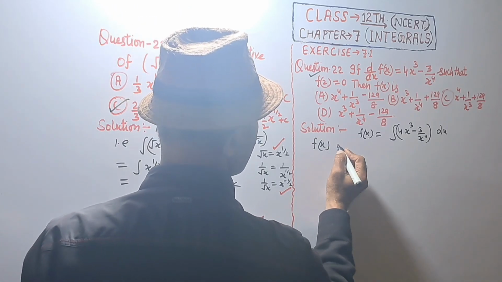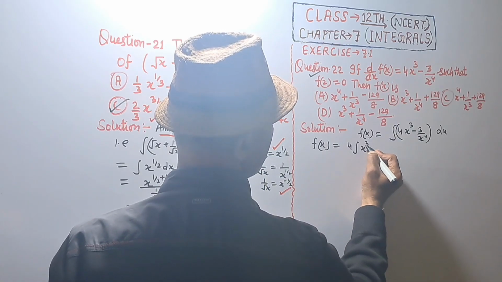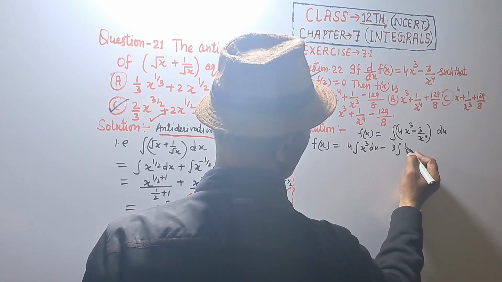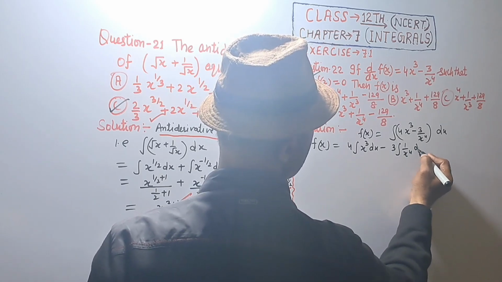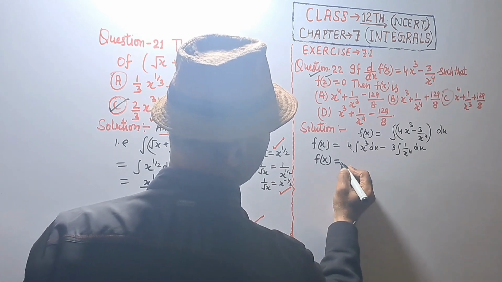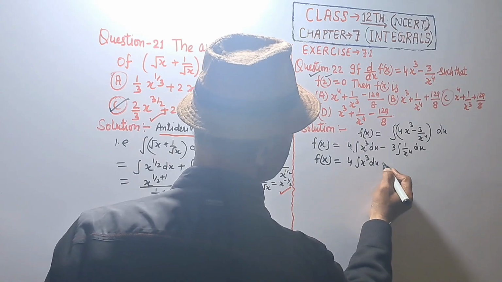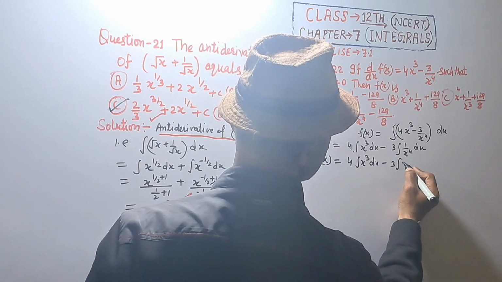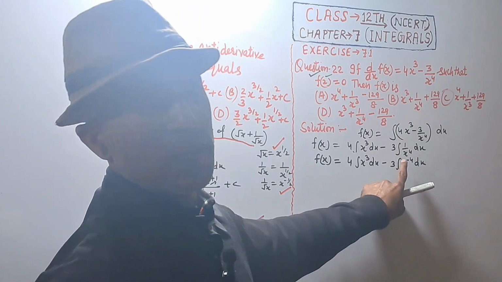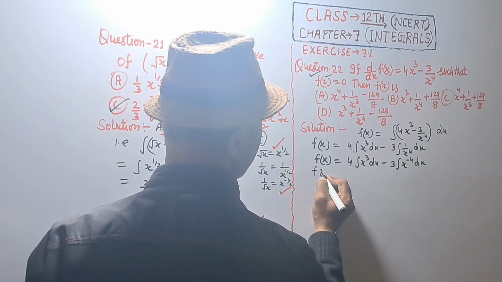So f(x) is equal to 4 integration of x raised to power 3 dx minus 3 integration of 1 upon x raised to power 4 dx, which is x raised to power minus 4 dx. This power will be negative in numerator.